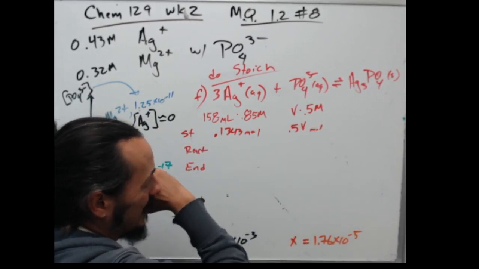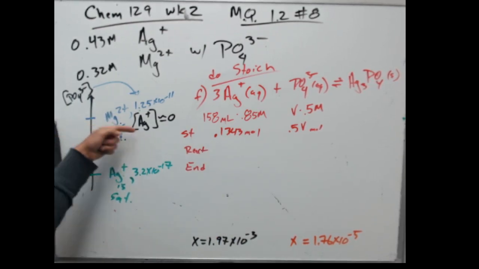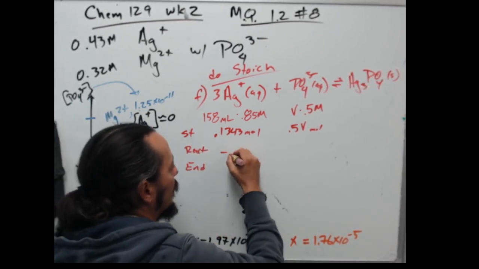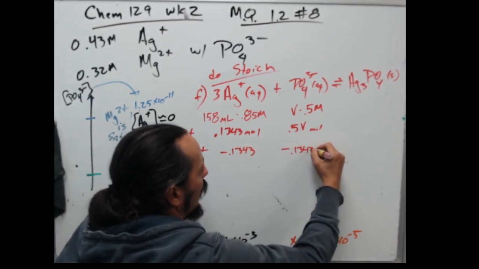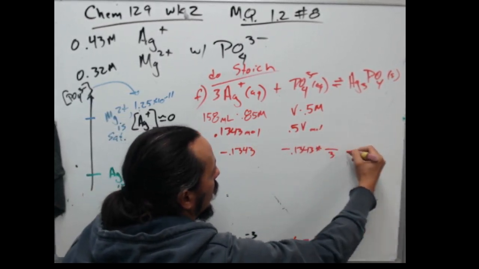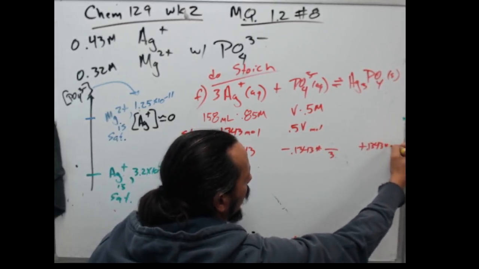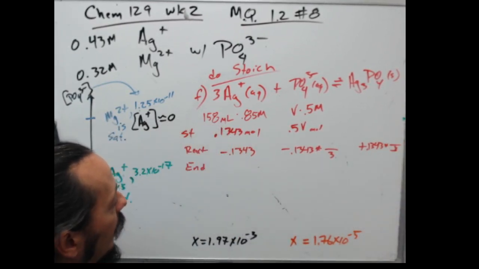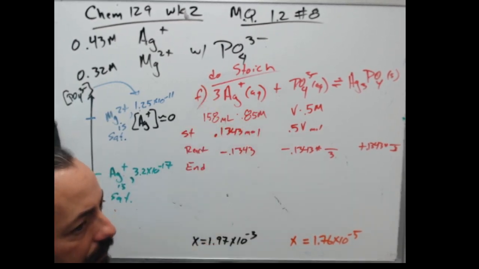My react is going to be, if I have this set up correctly, if all of my silver is reacting, I'm going to say my silver is the limiting reactant, minus 0.1343, minus 0.1343, plus 0.1343 over on the product side. What did you get 0.1343? 158 times 0.85 divided by 1,000.